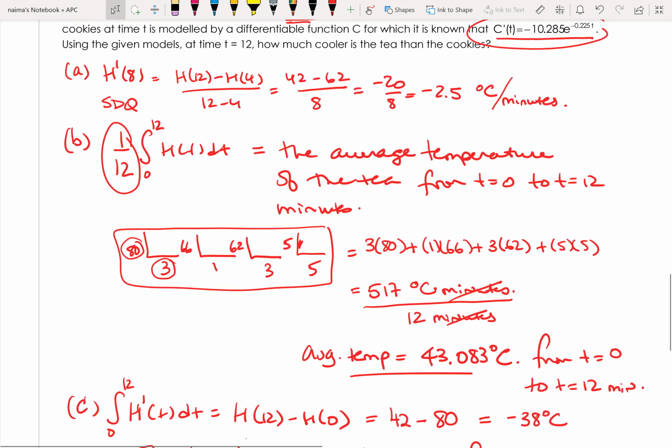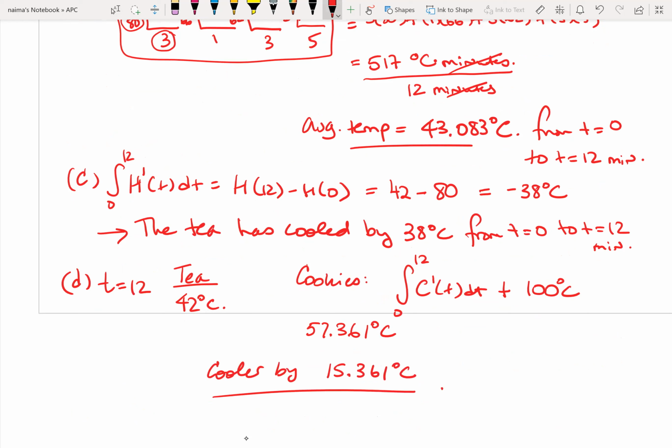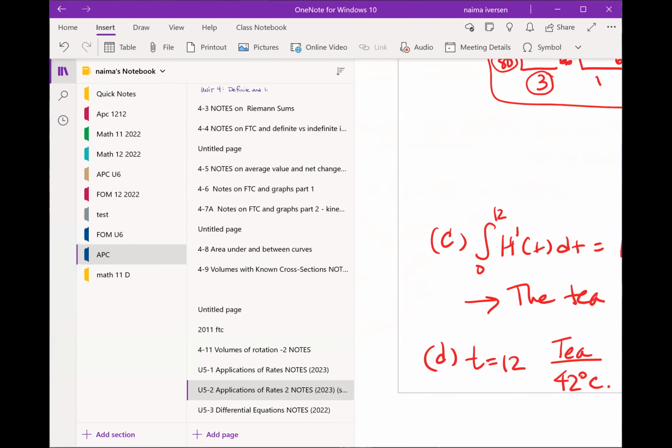Well, I think we can subtract those and figure out the tea is cooler by 15.361 degrees Celsius. Okay, so that is that one.